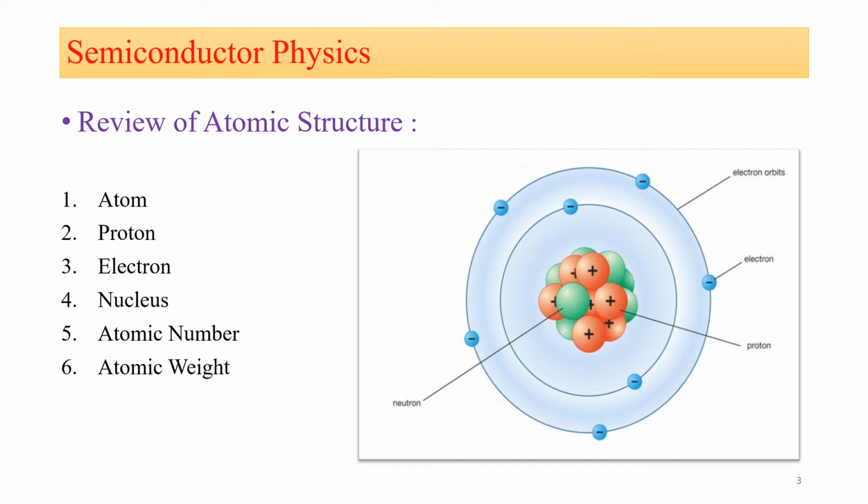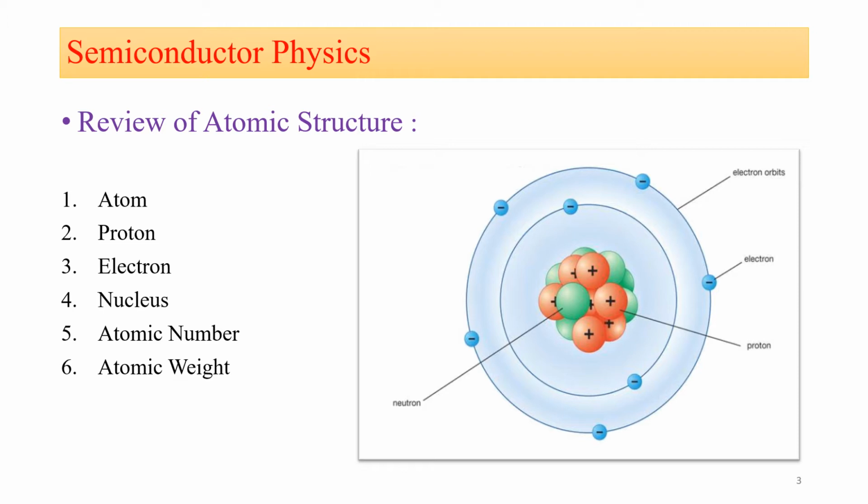As the protons exist in the nucleus, the nucleus will behave as positively charged, and the electrons are moving around the nucleus, similar to the revolution of the planets around the sun.